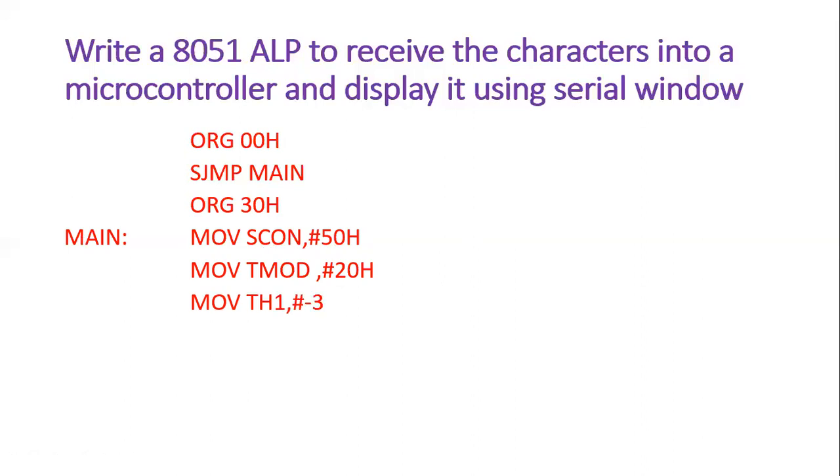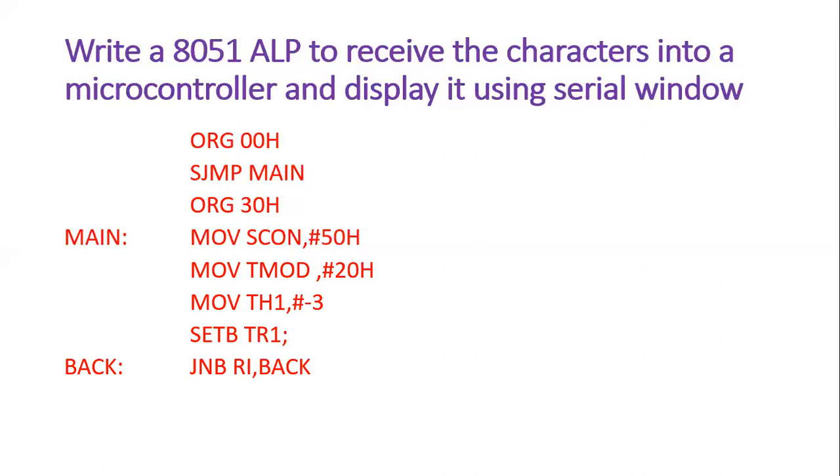Then we load TH1 with the value -3 to get a baud rate of 9600. By starting timer 1, the counter starts working and the baud rate is generated. We do this by setting the timer run bit in the TCON register to 1.